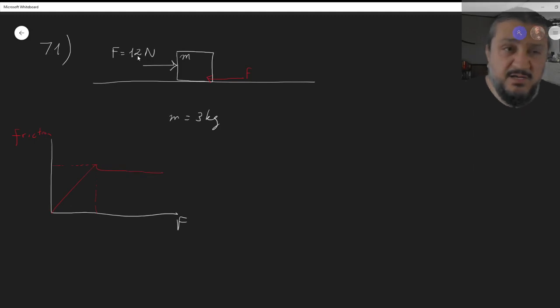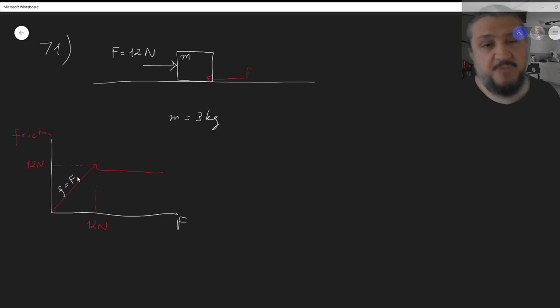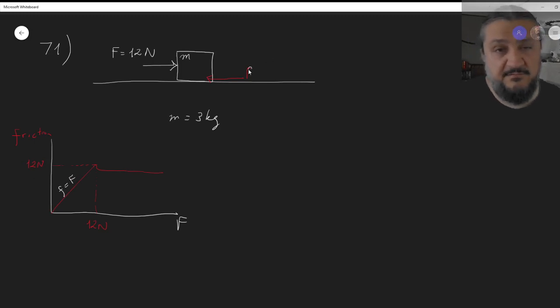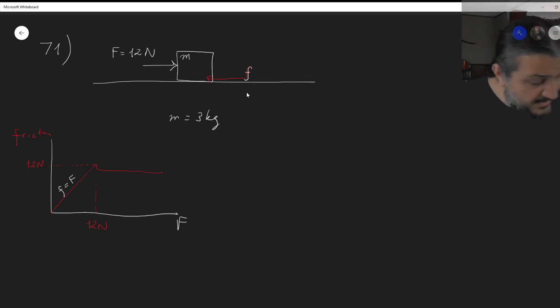But we're given here that threshold, that 12 newtons. So along that line, friction force f is equal to the force we apply. This is little f for friction.